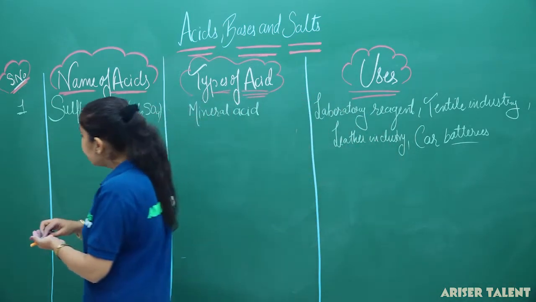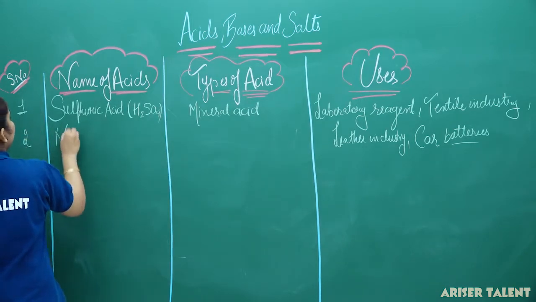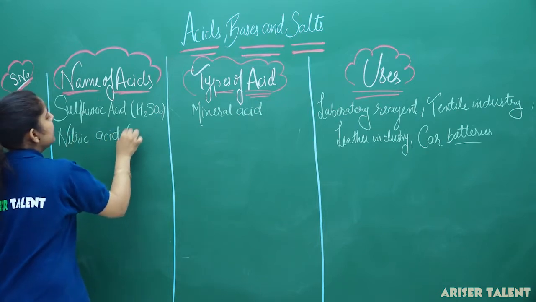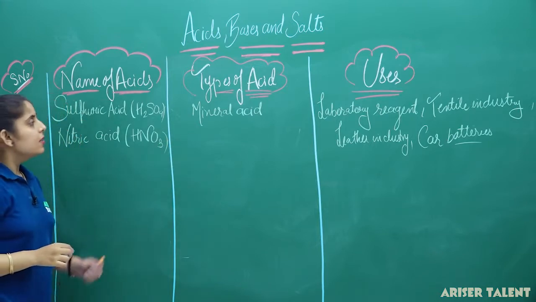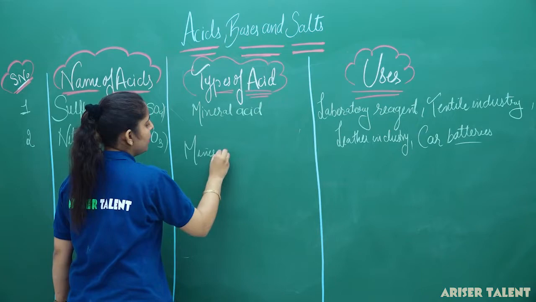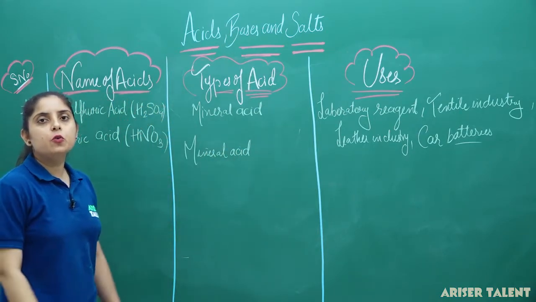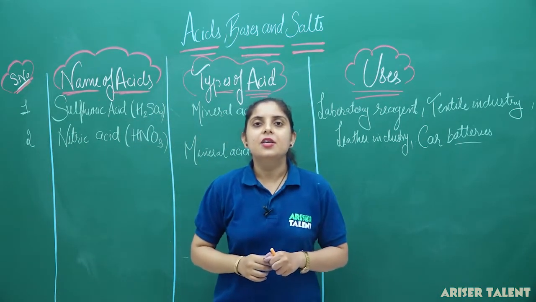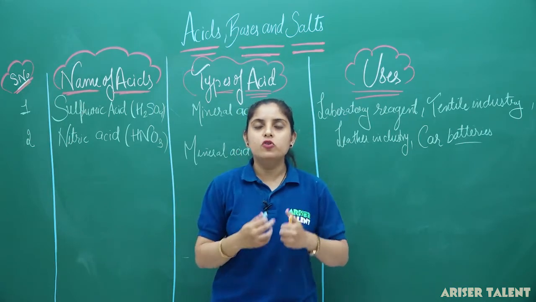The second acid we have is nitric acid. Nitric acid has the formula HNO3, and it is again a mineral acid. You can find the use of nitric acid in fertilizers. The fertilizers used for agriculture are majorly made from the nitrogen part.